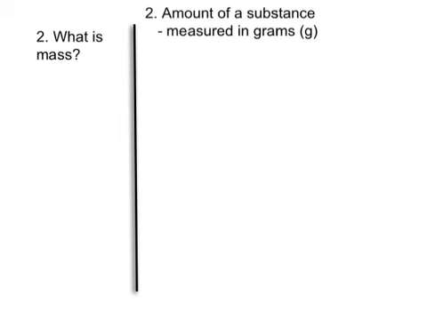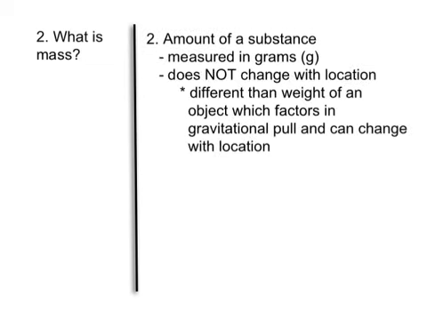Now, mass is kind of a special little unit here. It does not change with location. Mass and weight are slightly different, so let's take a look at that difference. The weight of something factors in the pull of gravity, which can change with location.